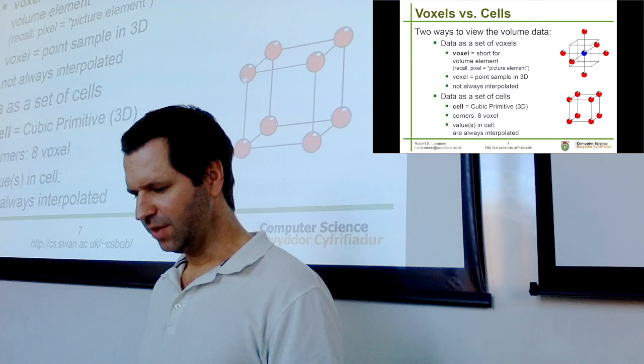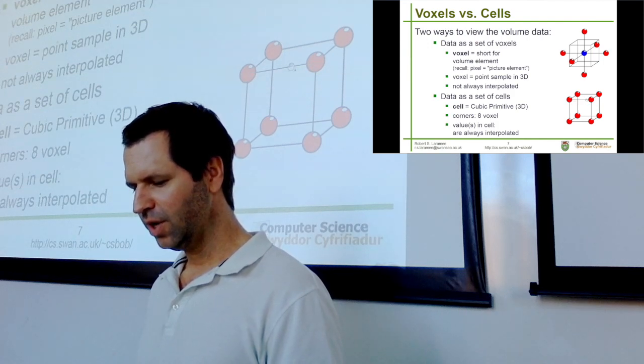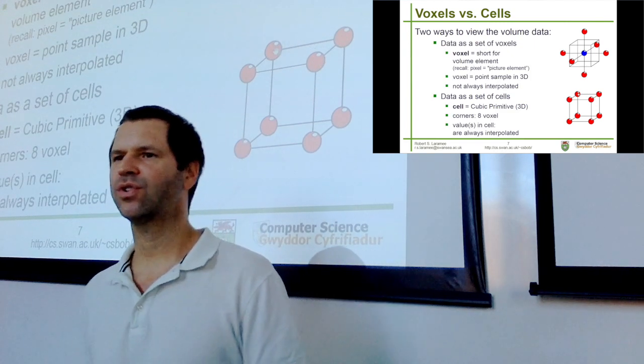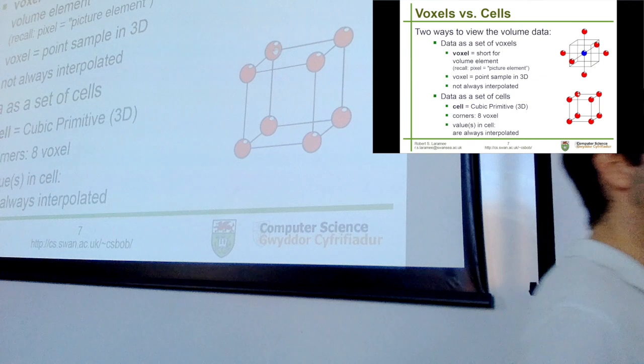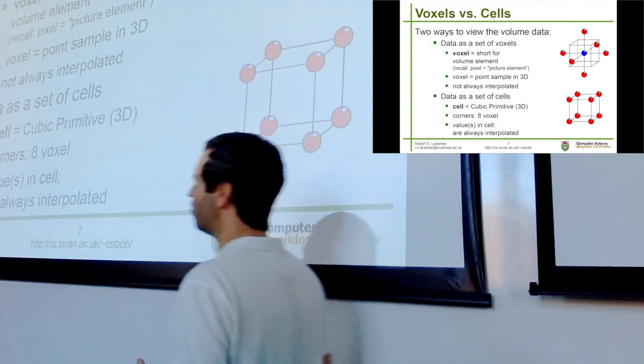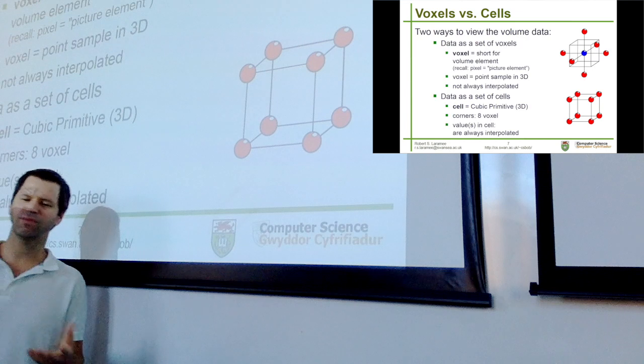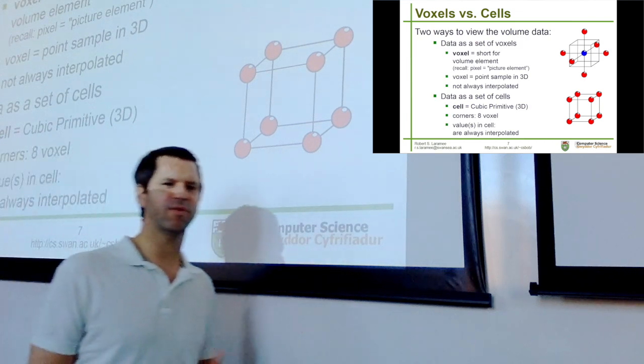This is a cube, and in the cube, the data samples are stored at the corners of the cube, and they're connected by edges. That's a cell, and I think that's what we would all think of. If I said, please come up with a spatial arrangement for volume data, I think this is what everybody would come up with.